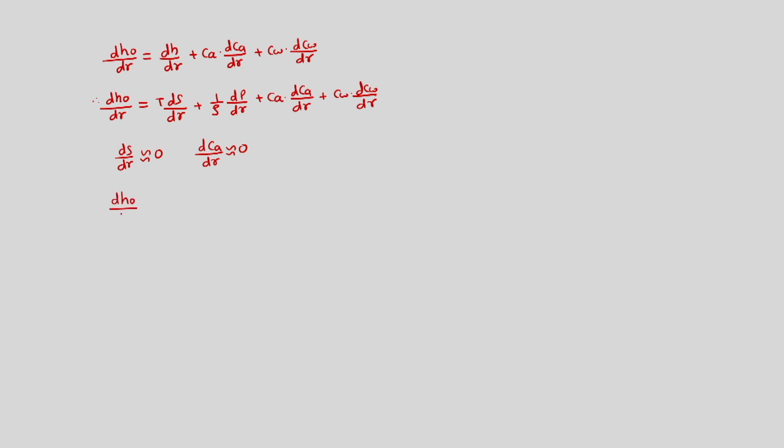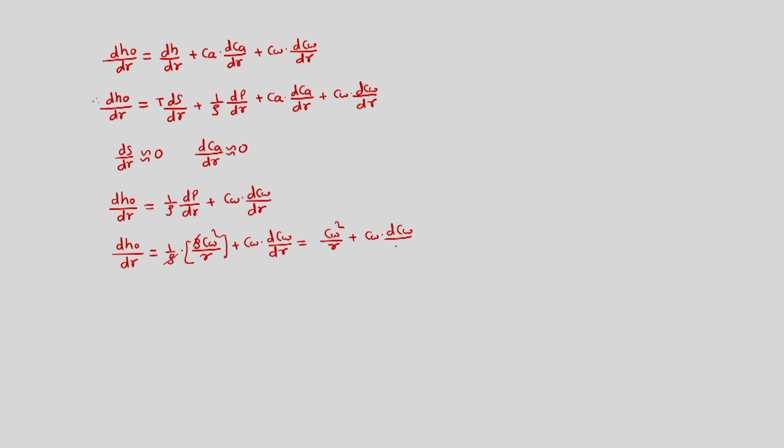So we have dH naught by dr is equal to 1 upon rho dP by dr plus Cw into dCw by dr. Further, we can write down for the dP by dr, as dH naught by dr is equal to 1 upon rho into rho Cw square by r plus Cw into dCw by dr. So we have Cw square by r plus Cw into dCw by dr. Now this is our equation.